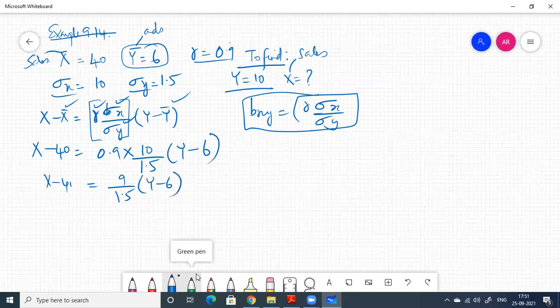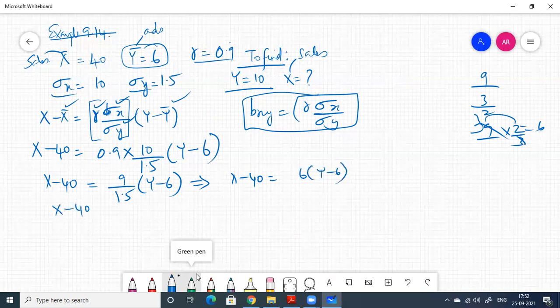That implies x minus 40 is equal to, 9 by 1.5 is nothing but 9 into 2 by 3, which is 3 into 2 equal to 6. So this is 6 into y minus 6. That means x minus 40 is equal to 6y minus 36.